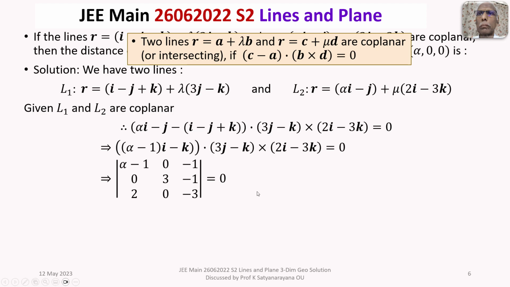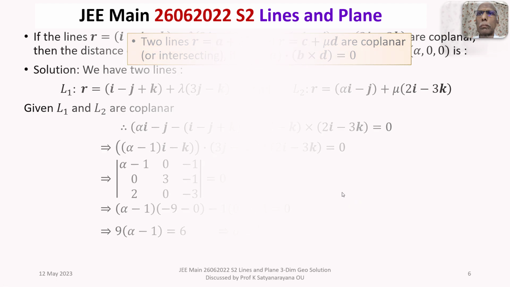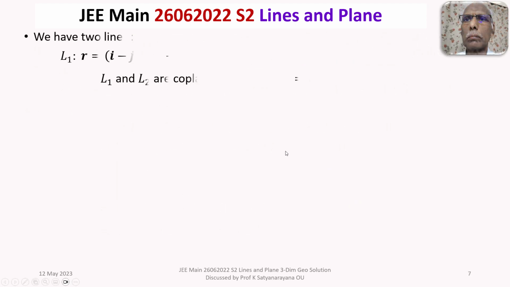Let us now expand this determinant by the first row. So that's the expansion. Simplify. Then we will get the answer for alpha as 5 by 3. So alpha is unknown here, and thus we got the value of alpha using the coplanarity. We continue in the next slide.